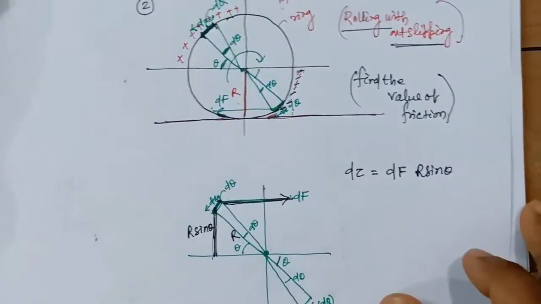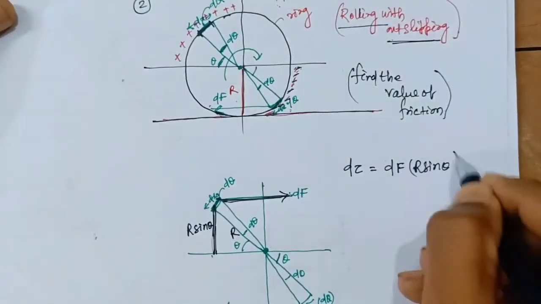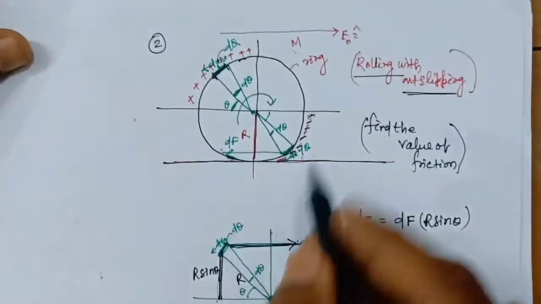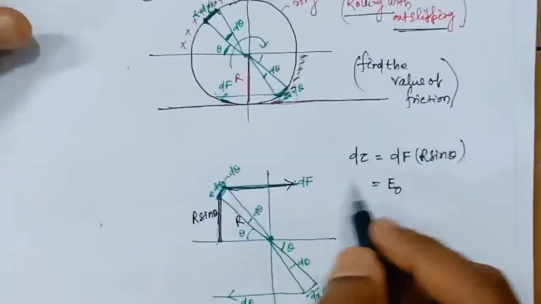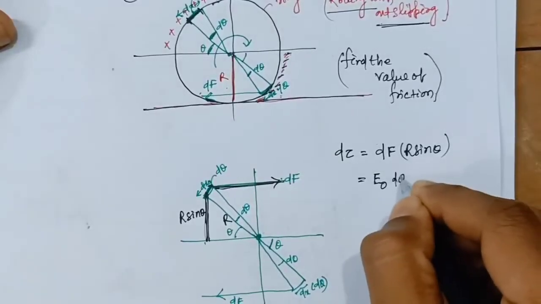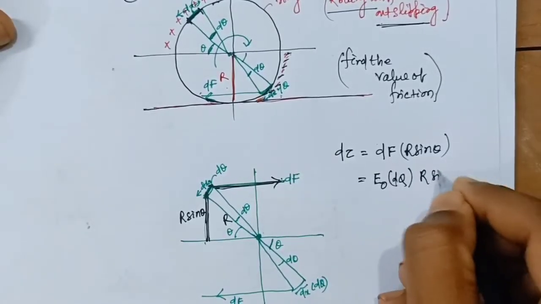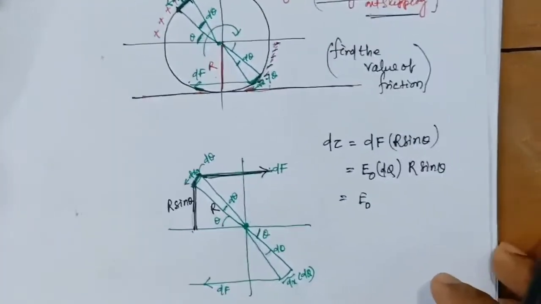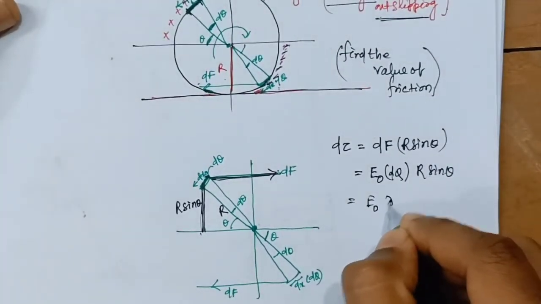This expression is pretty clear to all. And df can be written as the electric field, E naught, because E naught electric field is supplied, into dq, into r sin theta. dq can be written as lambda dx.